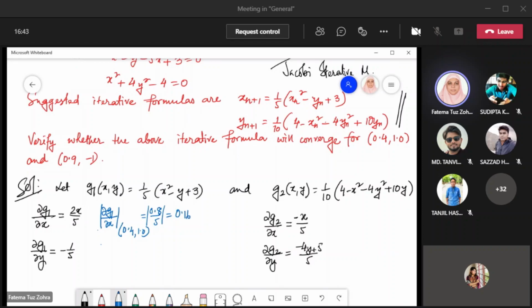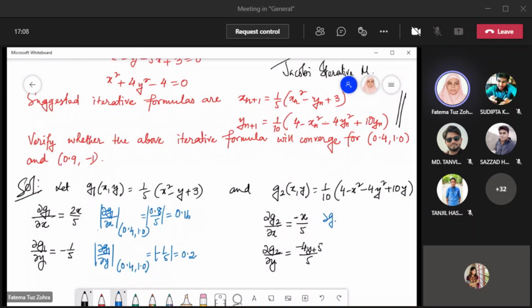Then ∂g1/∂y at the point (0.4, 1), the value is the absolute value of minus 1 by 5, that is equal to 0.2, as absolute value, so the minus sign will be omitted.